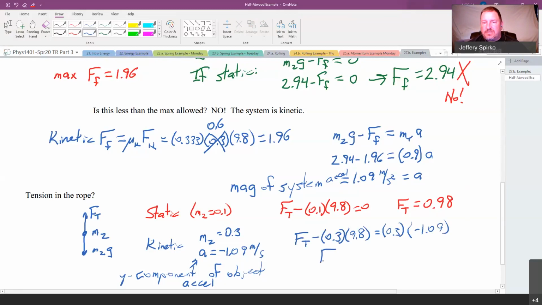So force tension is equal to 0.3 times 9.8. That gets added over to the right-hand side, minus 0.3 times 1.09. And we get 2.613. 2.61 newtons.